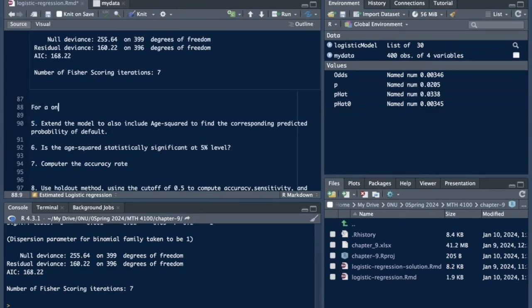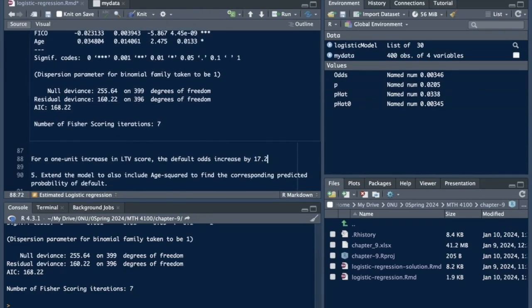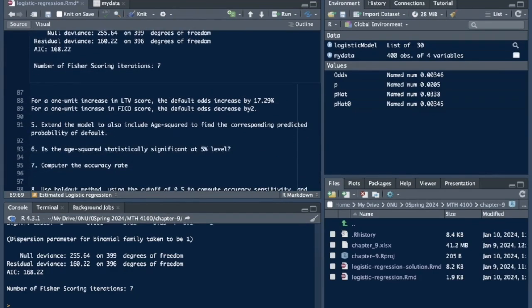So we can write all of this down. For a 1 unit increase in LTV score, the default odds increase by 17.29%. For a 1 unit increase in credit score, the default odds decrease by 2.3%.